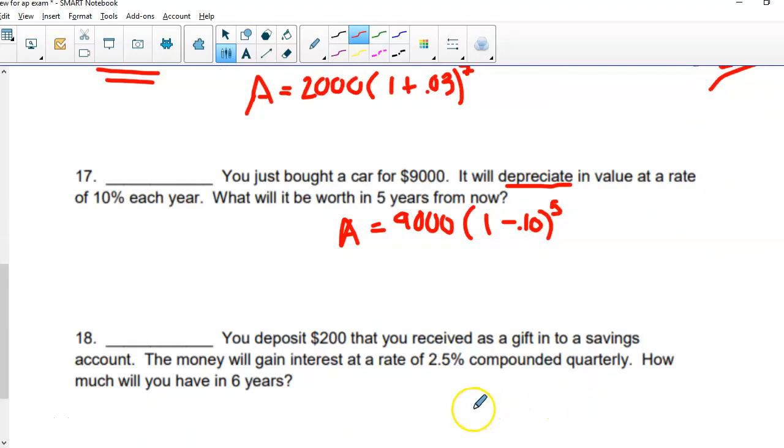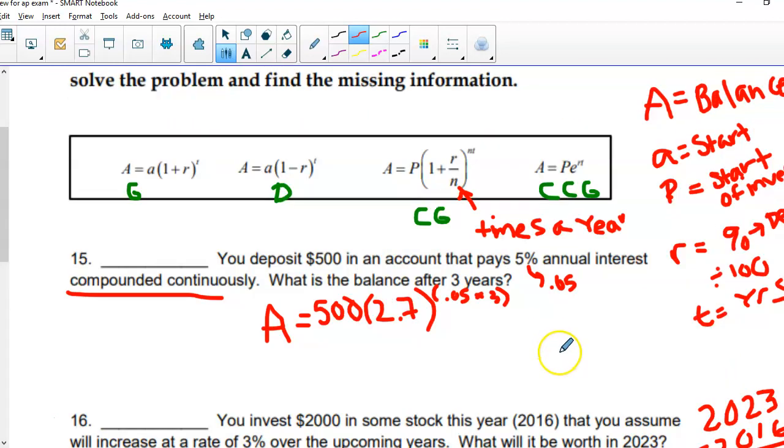And then finally, 18. This one's compounded quarterly. So that means it's not continuous; it will say continuously compounded if you're supposed to use that. Since it doesn't say continuously compounded, you're using compound growth. So let's start with our initial investment.